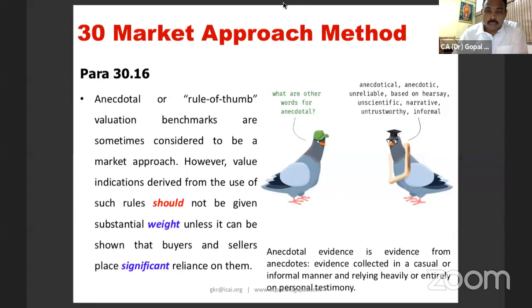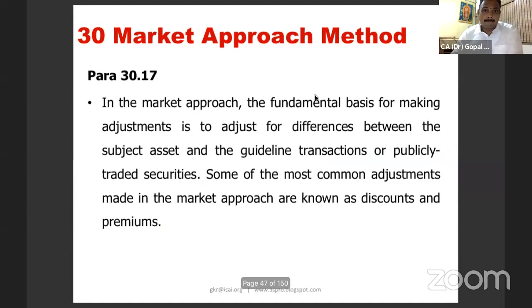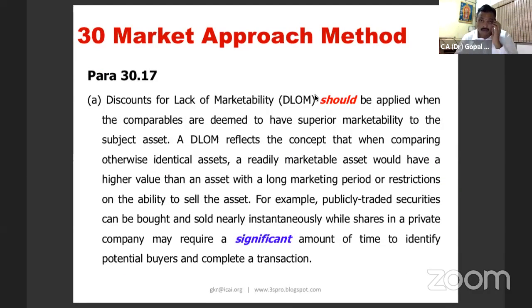Good. So now I'm going for the most important one. That is the adjustment part. DLOC, DLOM. Now, discount for lack of marketability. A very simple example I can give with respect to land and building, where you compare the guideline value as the market value.